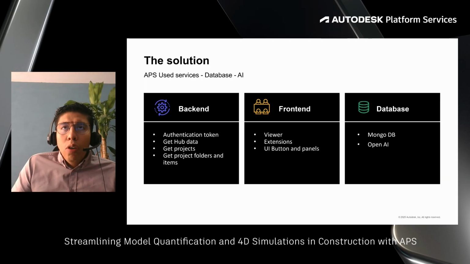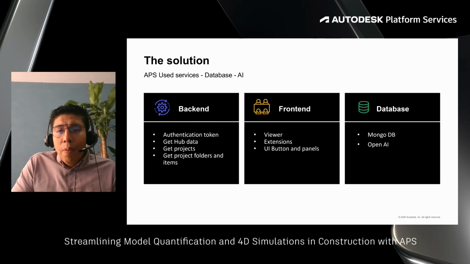Now the solution. I divided this development into backend and front end, and I also pull all the data from these models into a database. In the backend, we have the authentication to get the token, to get the hub data, and also get the projects, the project folders, and the items there.